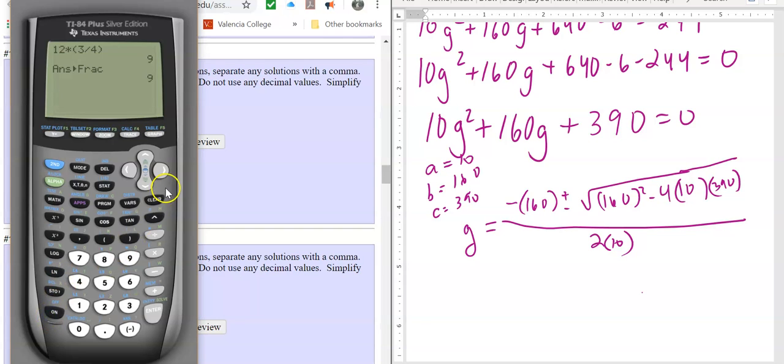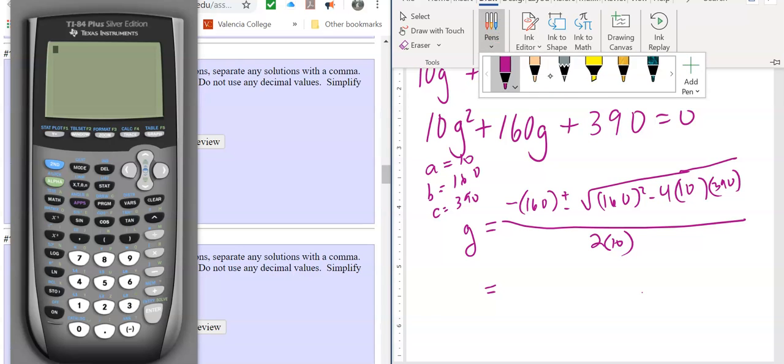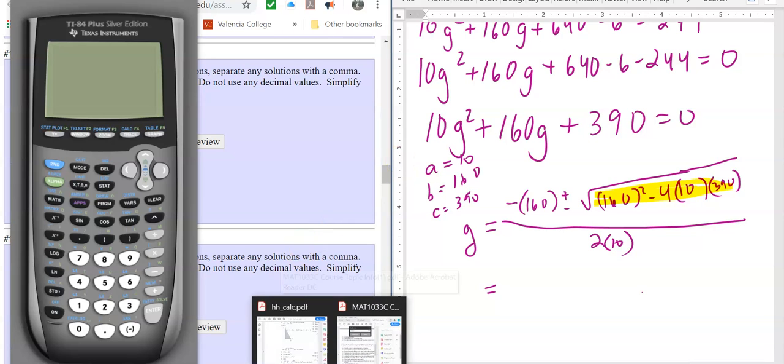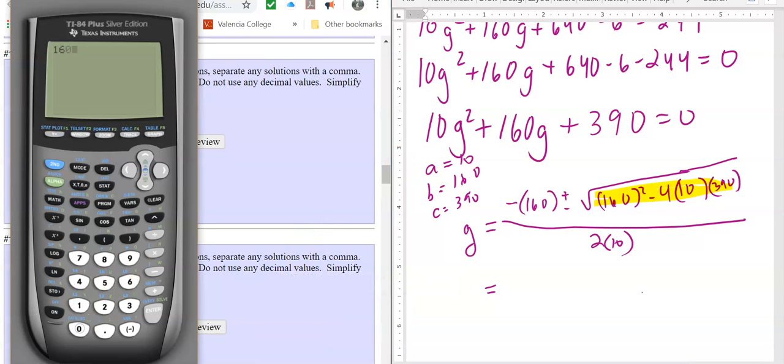So if you're going to use the quadratic formula, I suggest that you figure out the discriminant first. And the discriminant, remember, is that radicand part of the radical. So we're going to say 160 squared. Okay, and remember, before you do that, I would recommend putting this in parentheses.